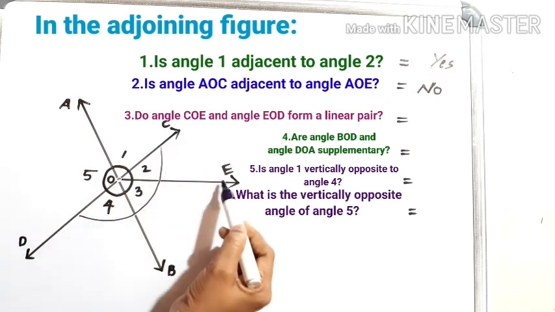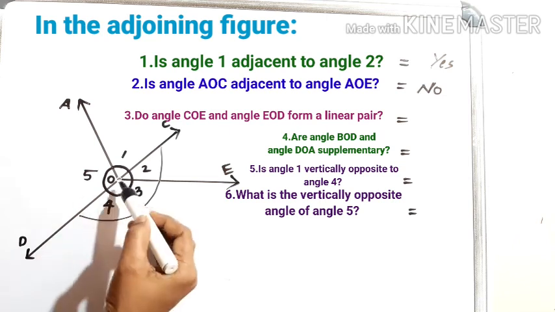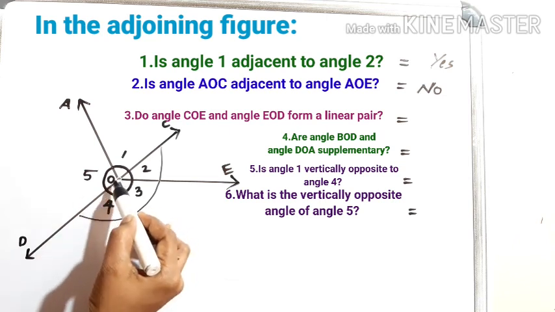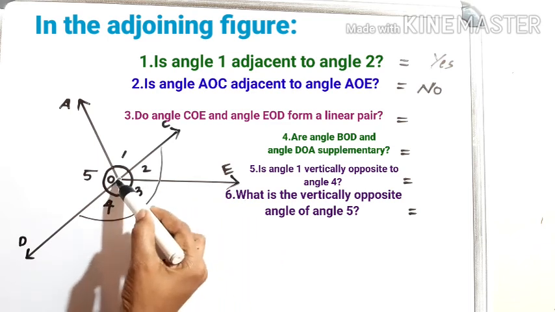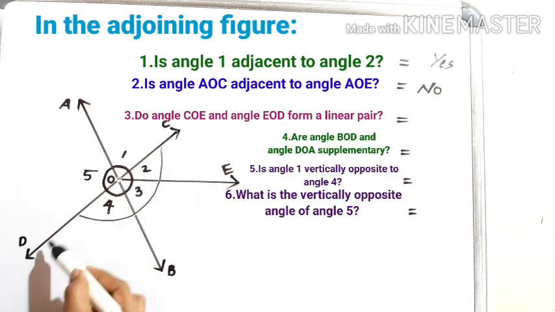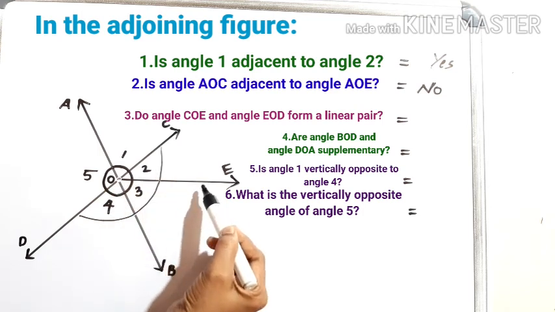Angle COE, EOD adjacent angles. We can see here common vertex, common arm OE, then non-common arms OC, OD are on either side of common arm.